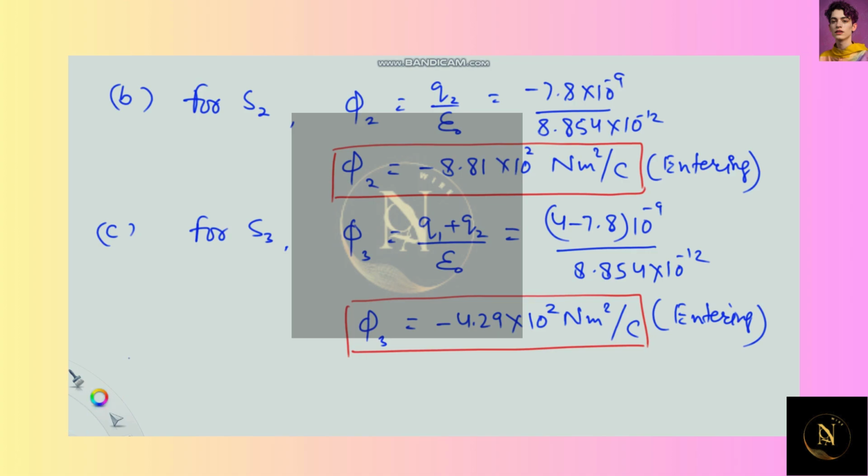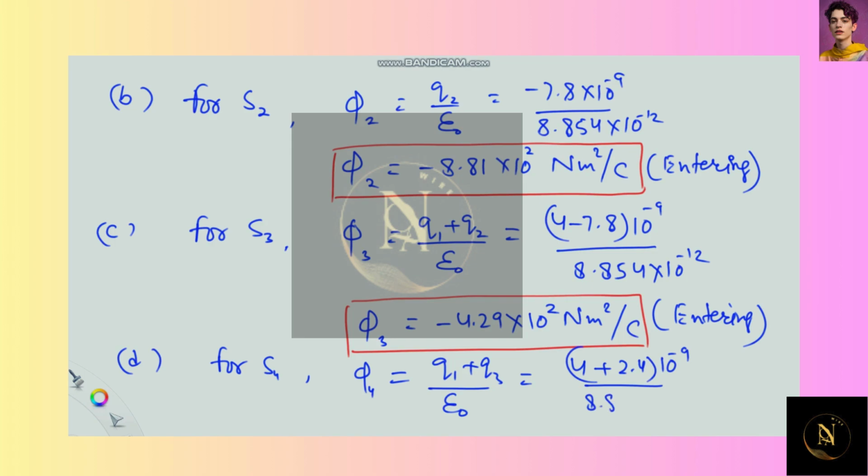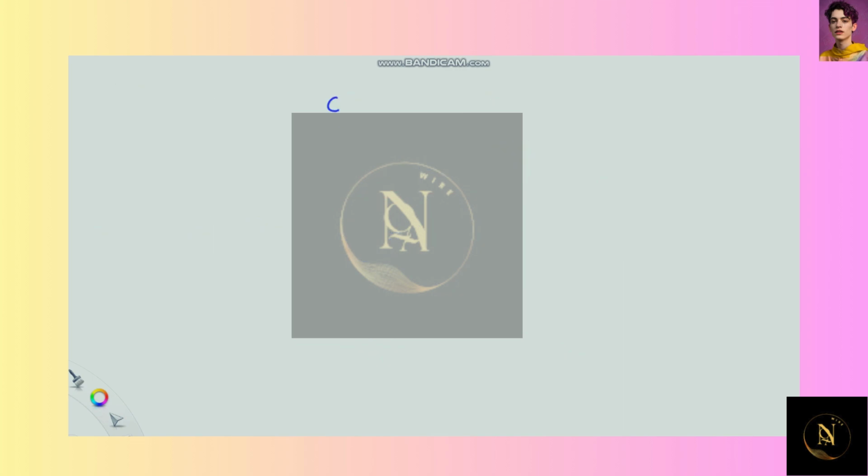Then in the fourth part of the problem, for the surface S4, phi 4, the flux linked through the surface S4, will be Q1 plus Q3 divided by epsilon naught, that is 4 nanocoulomb plus 2.4 nanocoulomb or into 10 power minus 9 coulomb divided by 8.854 into 10 to the power minus 12, and it is calculated to be equal to 7.23 into 10 raised to the power 2 Newton meter square per coulomb.